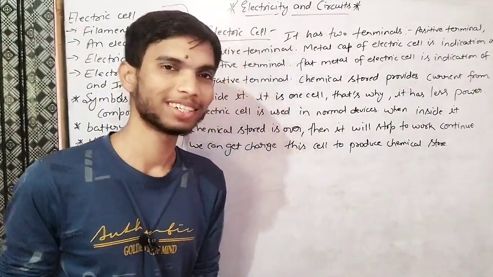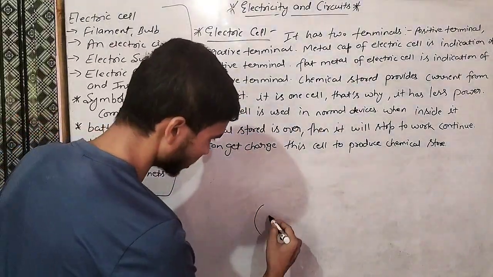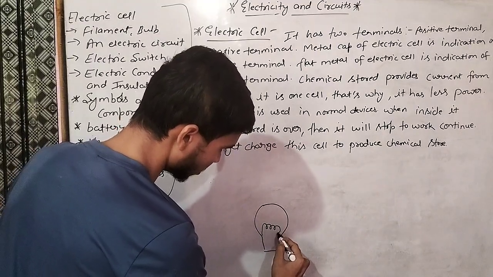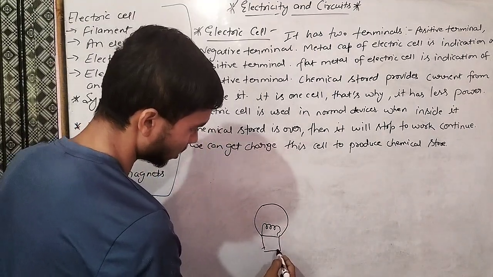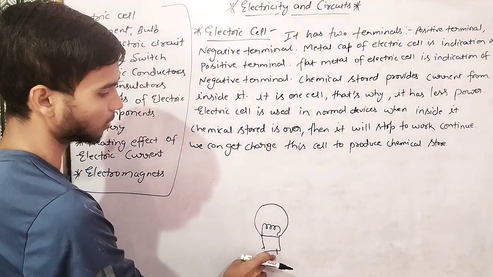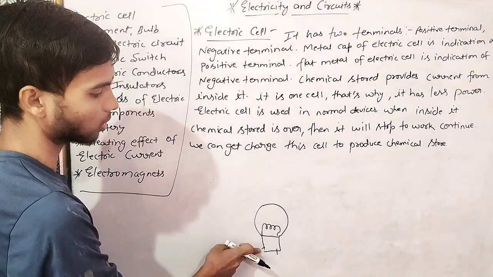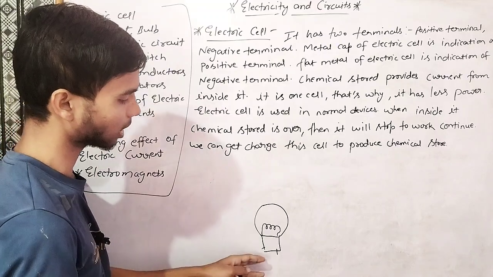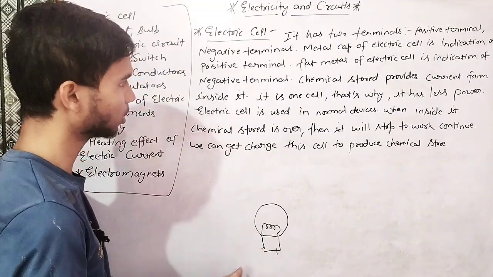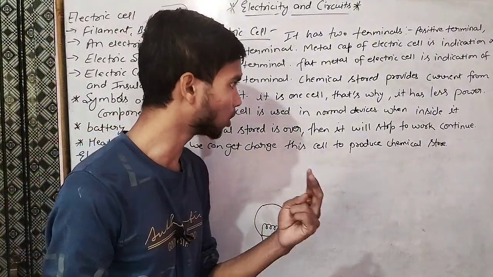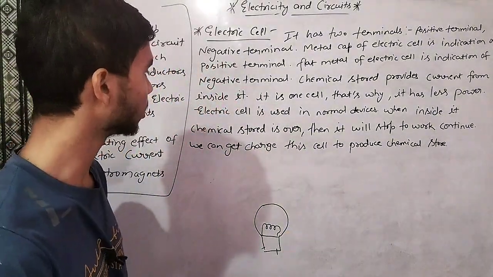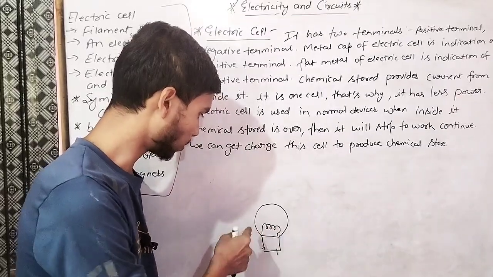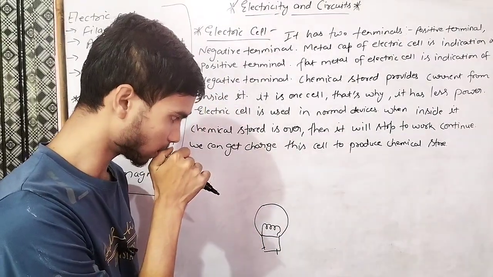So this is a bulb. Here a wire is connected, and also here a wire is connected. So two wires are connected, indicating the two terminals, positive terminal and negative terminal. Clear?